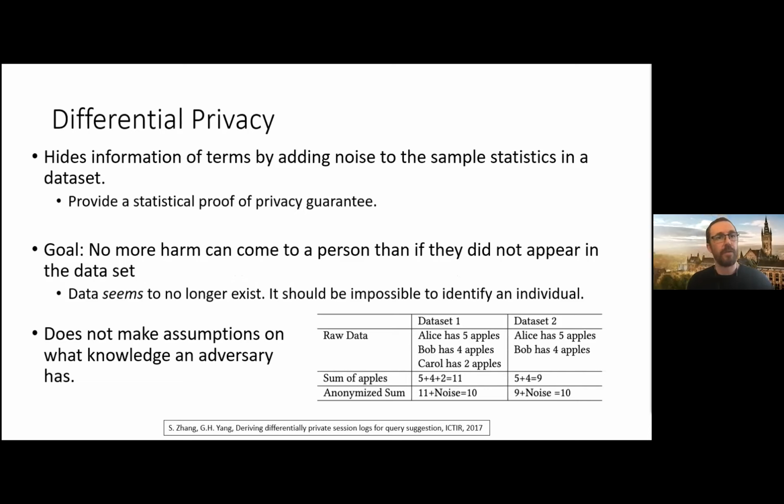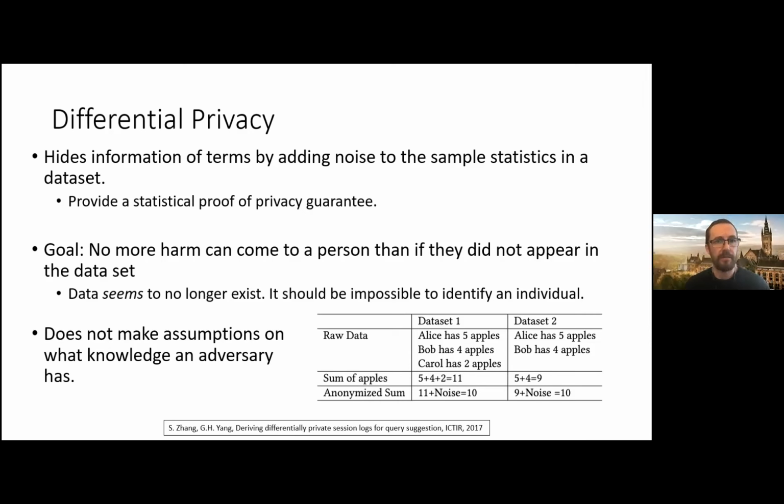So it wants to add noise to the sample statistics of a data set, a collection. What it wants to do is provide a statistical proof of privacy, so you can have a certain amount of belief or confidence that the information in a data set is safe to distribute.